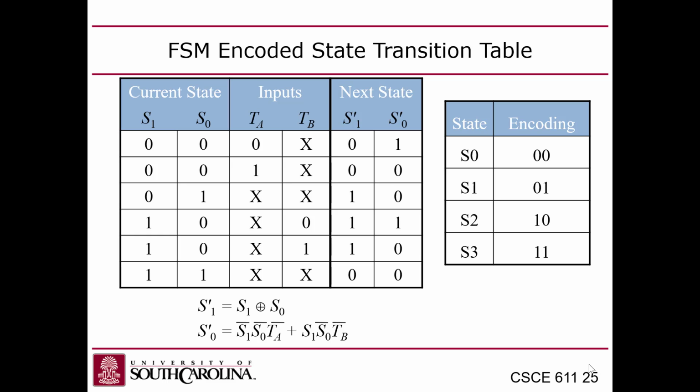Is that true? Yeah, looks like it, because if you look at this table, if you have a 0, 1, or 1, 0 for S1 and S0, then you're going to set the next state bit 1 to 1, and 0 otherwise. See, 0, 0 and 1, 1 will give you a 0. What does this mean? It means that you can calculate the most significant bit of the next state irrespective of the inputs. Just happens to work out that way.